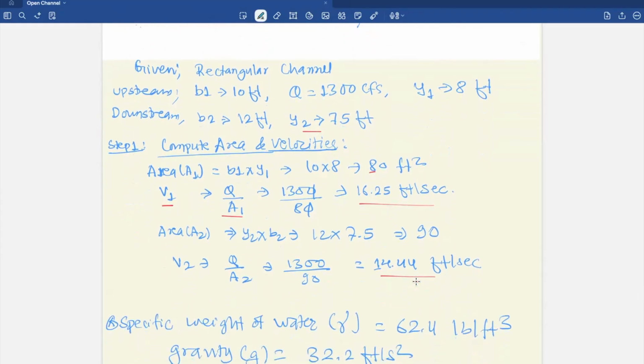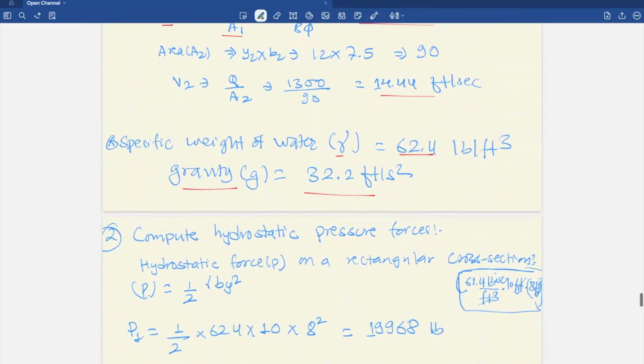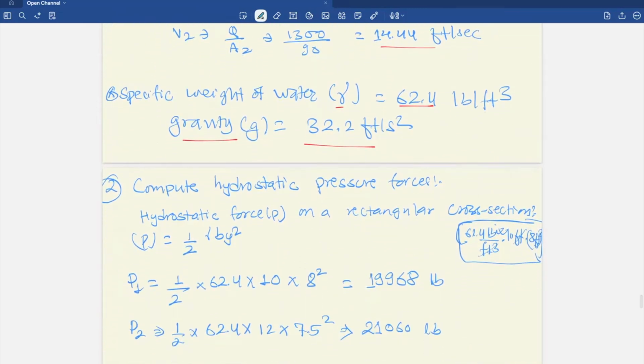And let us write some constants that will be used in a later part. Specific weight of water will be equal to 62.4 lb per feet cubed, and acceleration due to gravity is equal to 32.2 feet per second squared. And now let us compute the hydrostatic pressure forces.